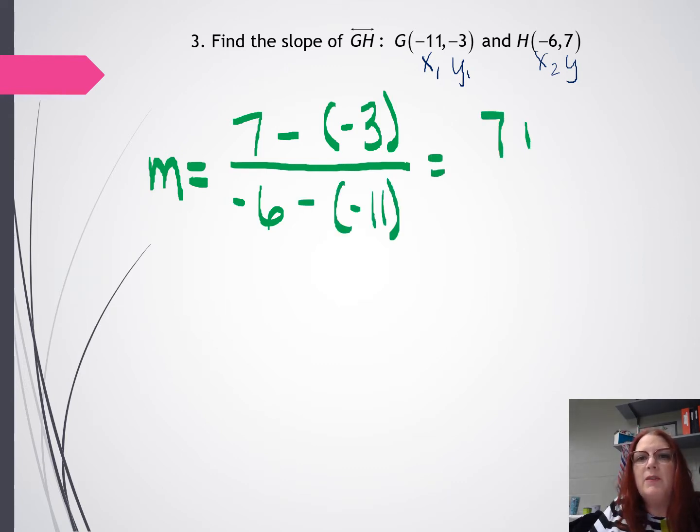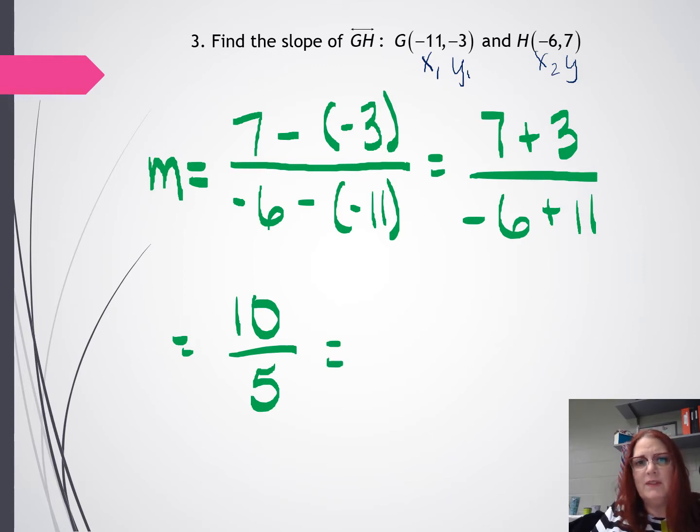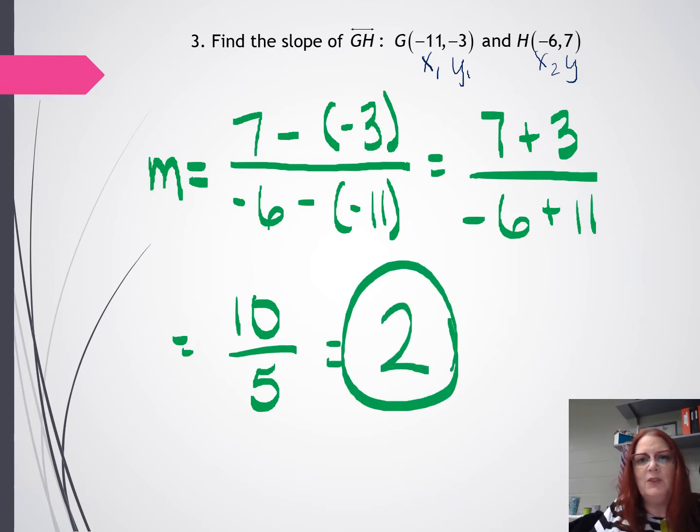That's like 7 plus 3 over negative 6 plus 11. 7 plus 3 is 10, and negative 6 plus 11 is 5. We can simplify 10/5. My slope is 2.